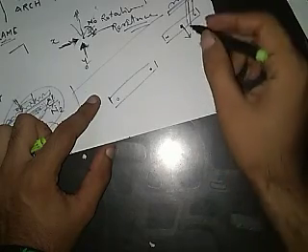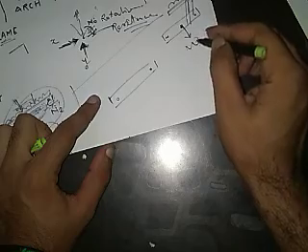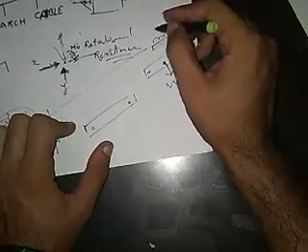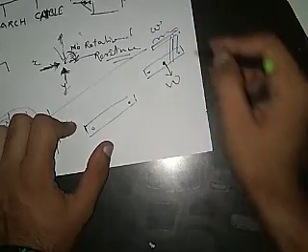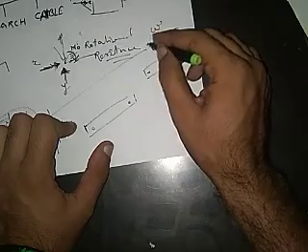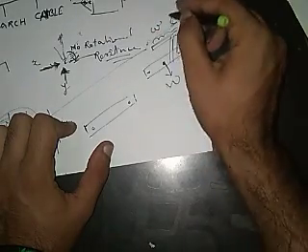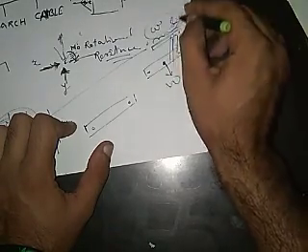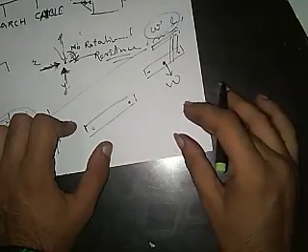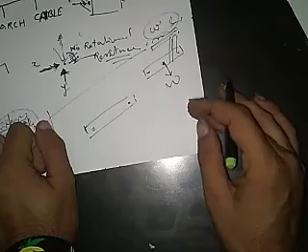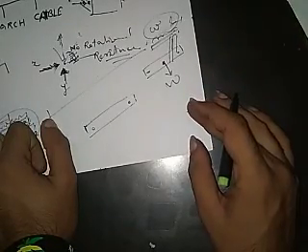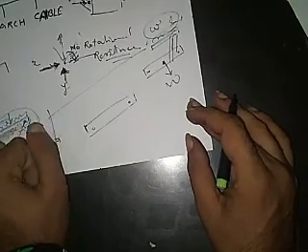suppose this is its own weight, a distributed weight acting over length L, then the total weight will be WL, in kilonewtons, or some other unit of force.